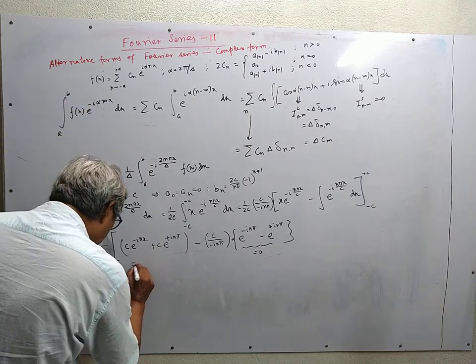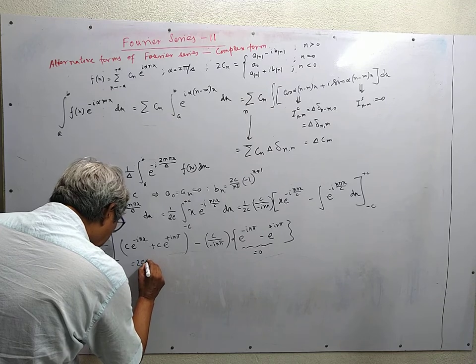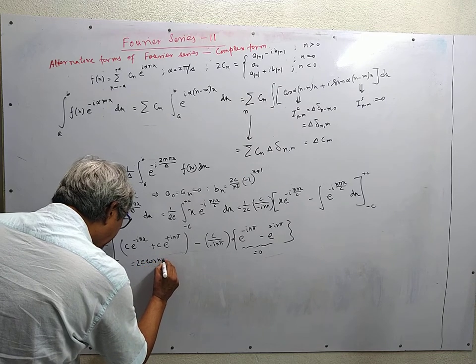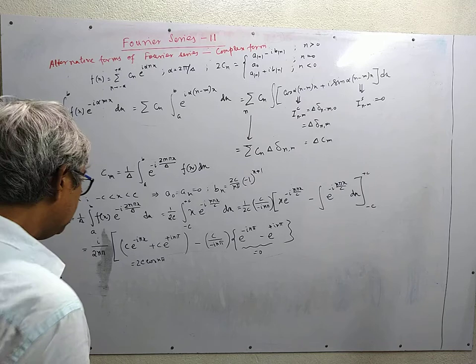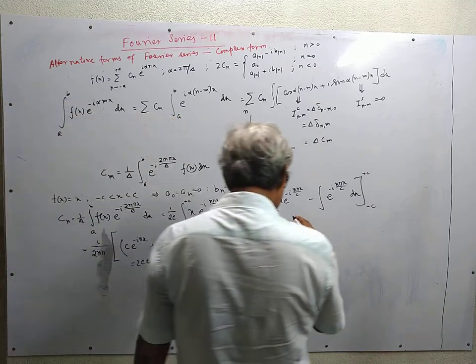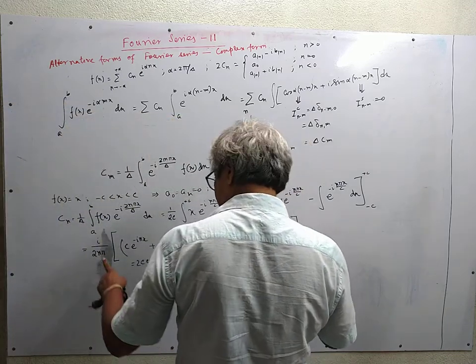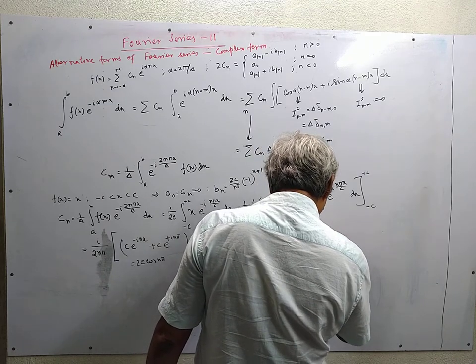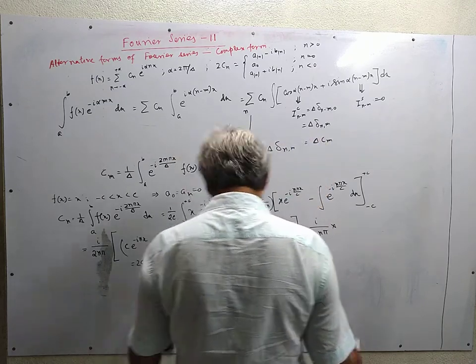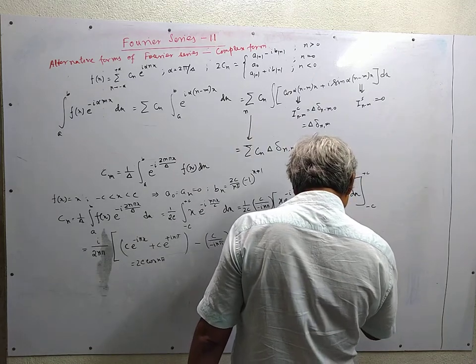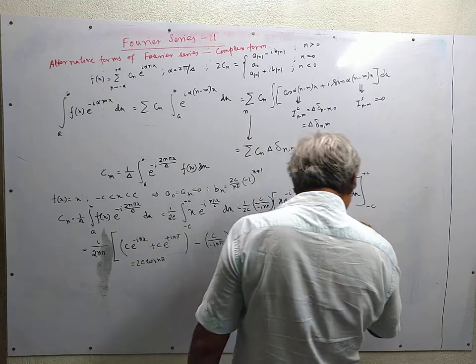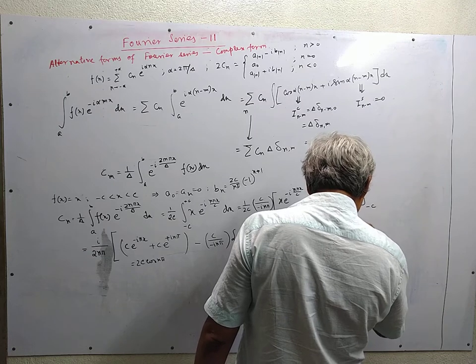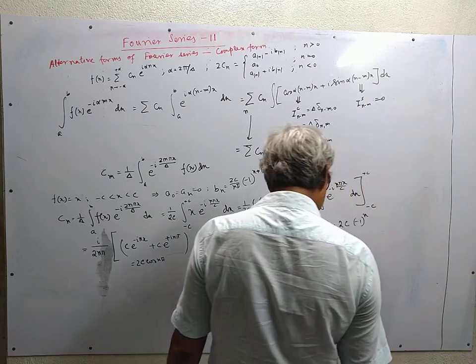This is equal to 2c cos of n pi. So this result is i upon 2 n pi times 2c cos of n pi. Cos of n pi means minus 1 to the power n.